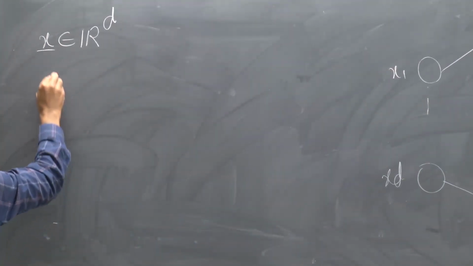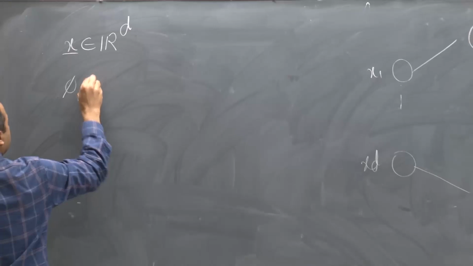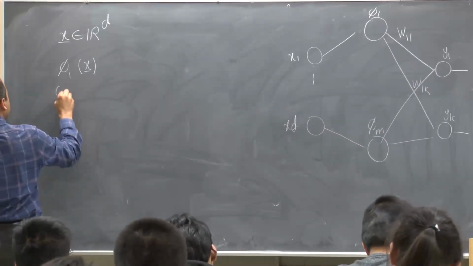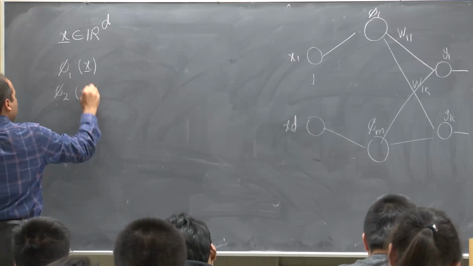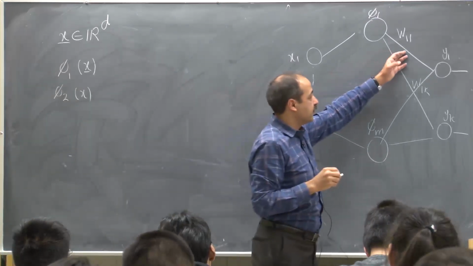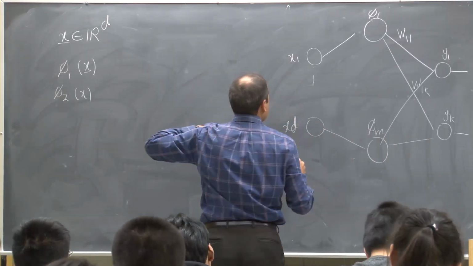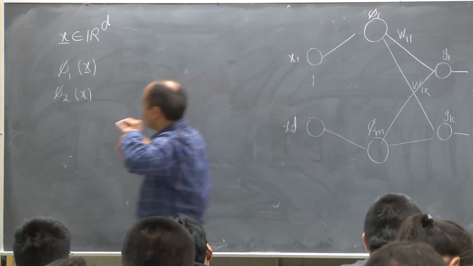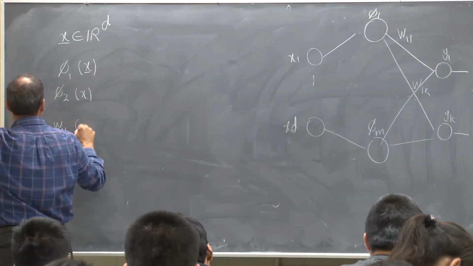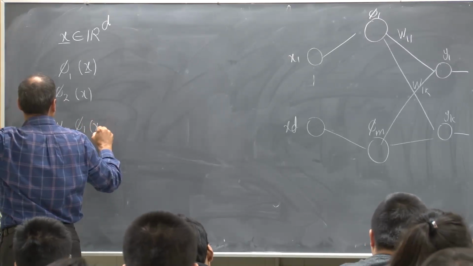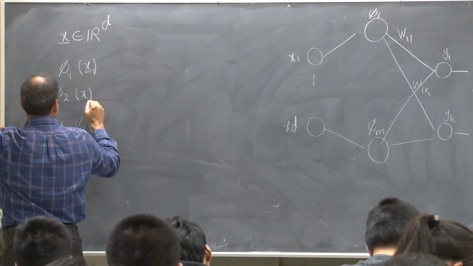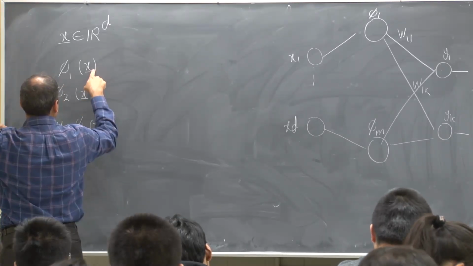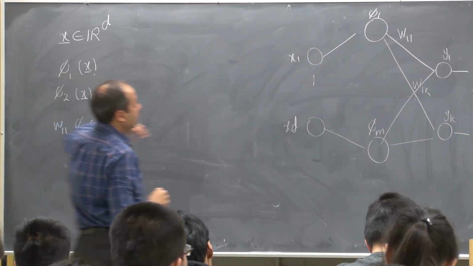Phi 1 of x will be computed, phi 2 of x will be computed. These are outputs, and the final output is a weighted sum. For example, this one is W11 times phi 1 of x, where x is x1, or in general, x.